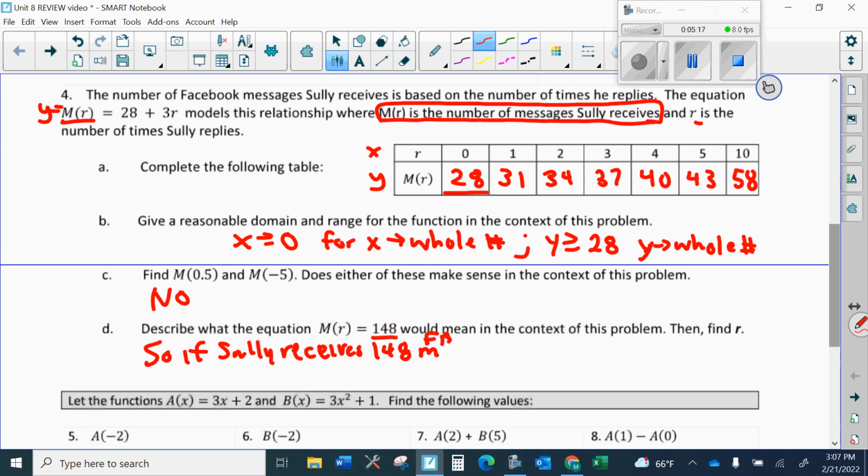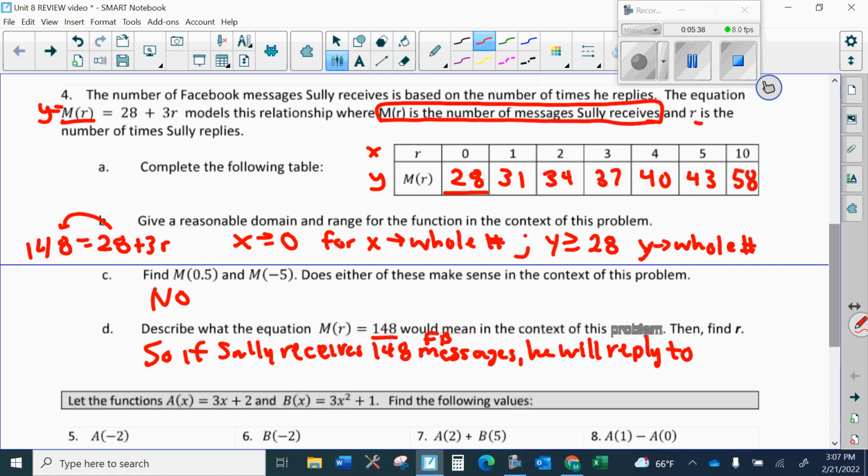say FB up here for Facebook messages, he will reply to, and so we need to set 148 equal to 28 plus 3R.